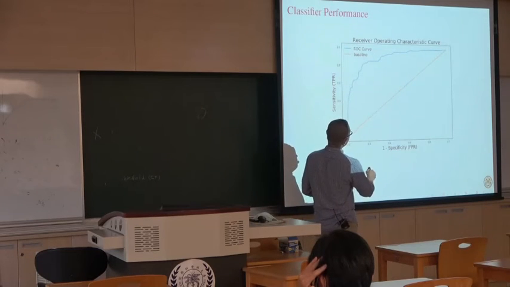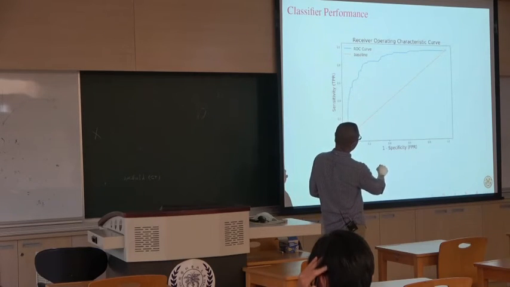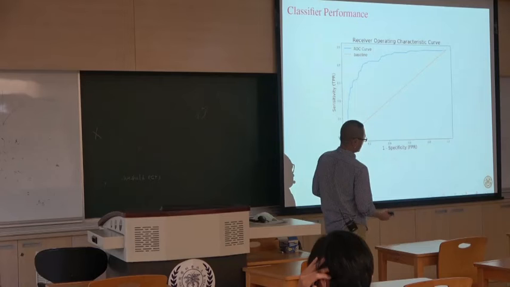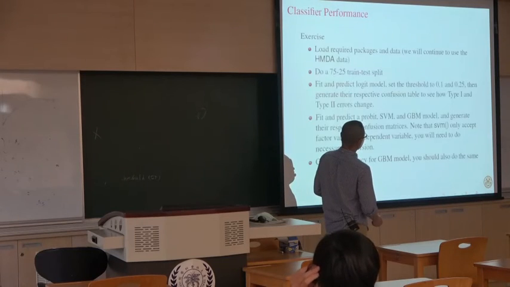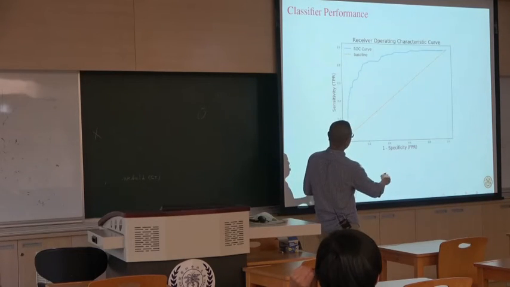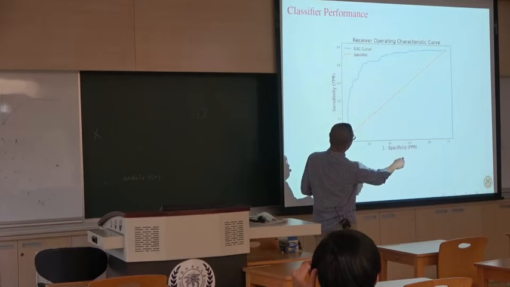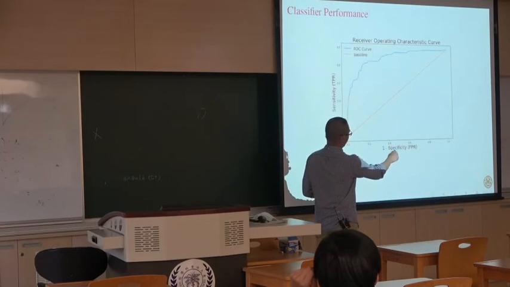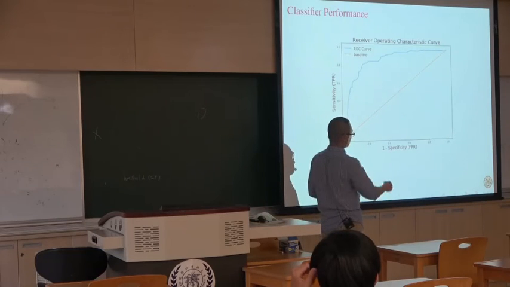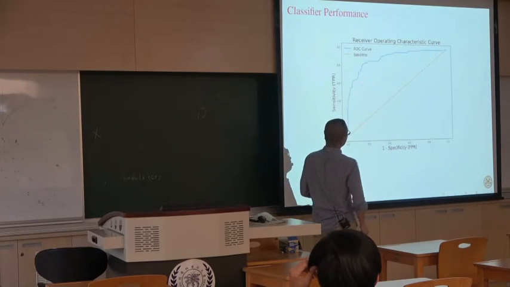If you have a higher area under the curve, then your model is said to have better diagnostic ability. For example, if you have another curve lying below this blue curve, it has a lower area under the curve than the blue curve.